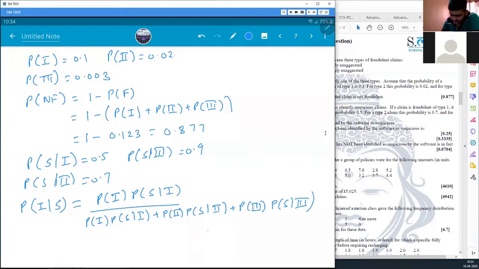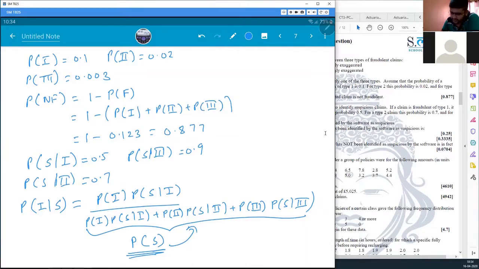Now why is that? The numerator is correct, no problem in the numerator, but the denominator is wrong. The denominator is supposed to be the probability of being suspicious. That we converted with the law of total probability into this.